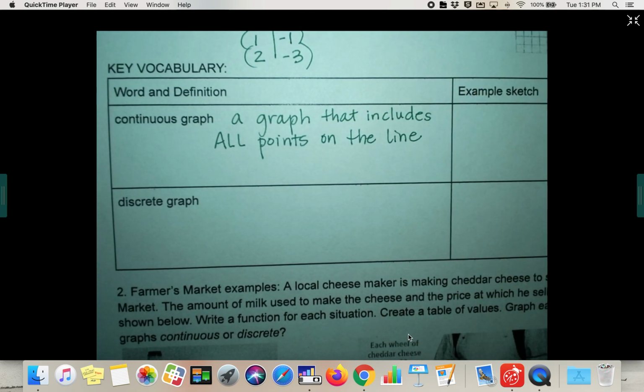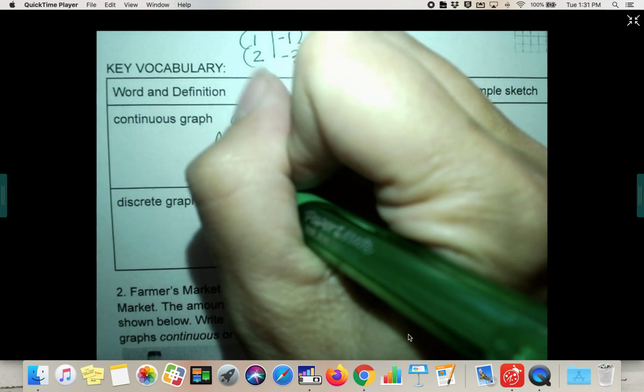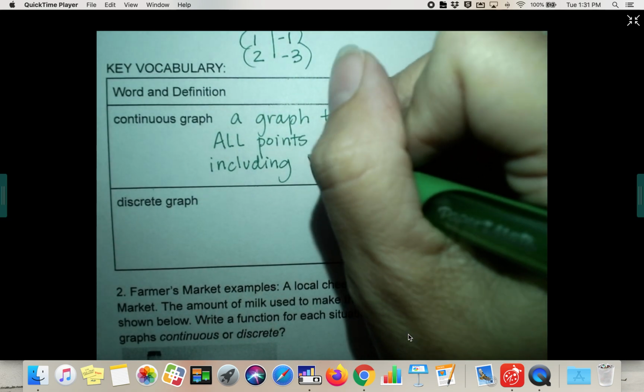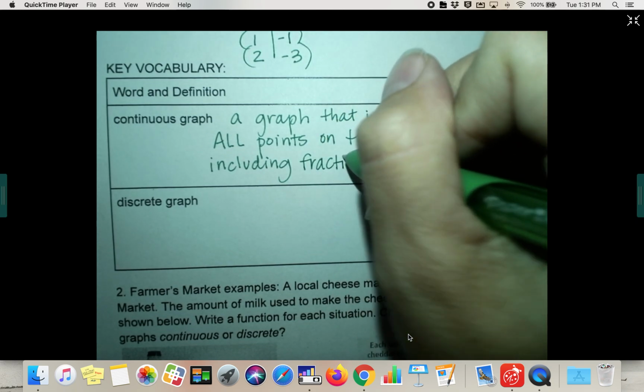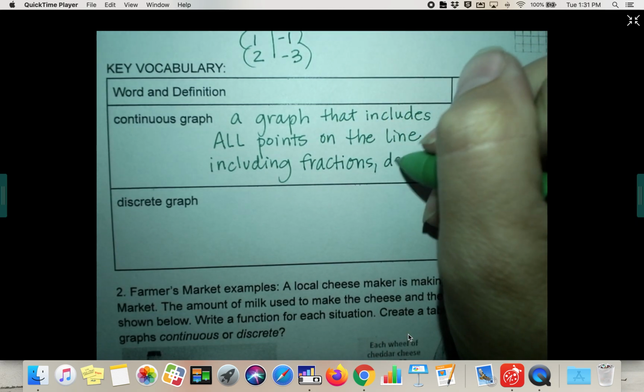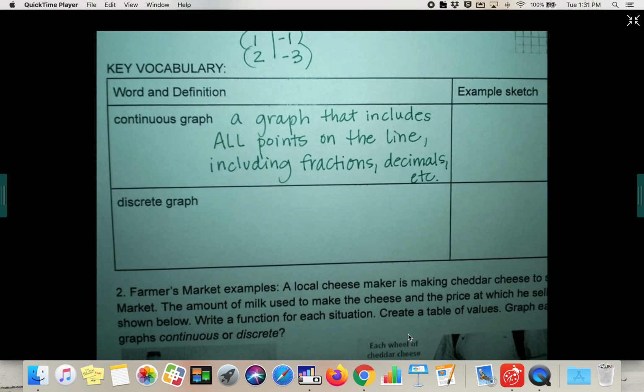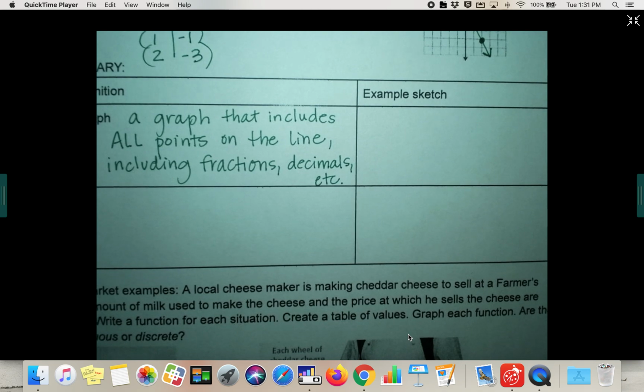I'm going to be more specific here in just a minute, but that includes fractions, decimals, etc. What I mean by that, I'll show you in an example sketch.